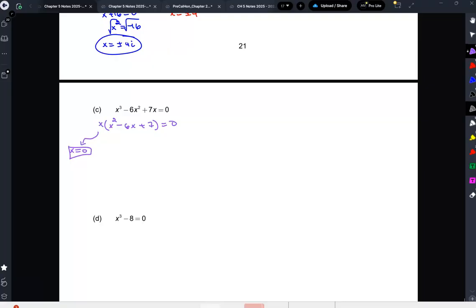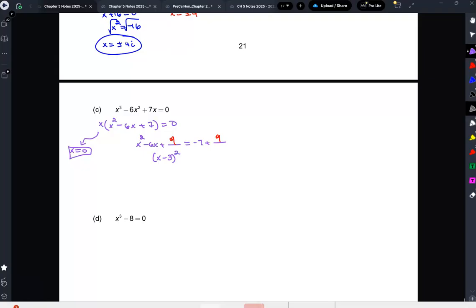No. So now your choices are quadratic formula or completing the square. Why don't we practice completing the square? We haven't done that in a while, right? So here's what we're going to do. X squared minus 6x plus a number equals negative 7 plus a number. What number goes there? 9.